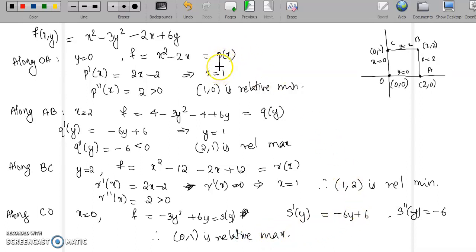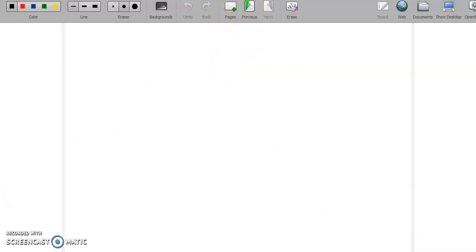Now we have got all the points. Now let us evaluate the function at these points. The corner points are f of (0, 0), f of (2, 0), f of (0, 2) and f of (2, 2).